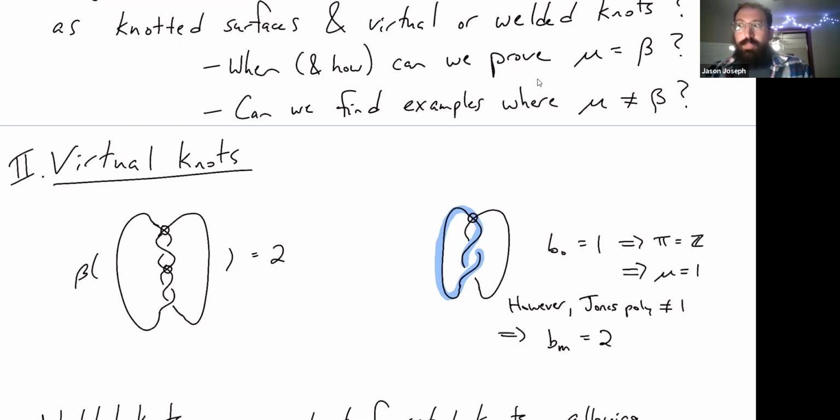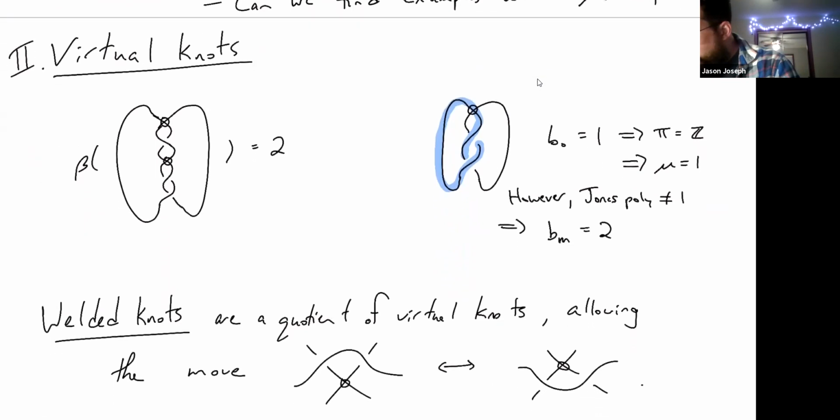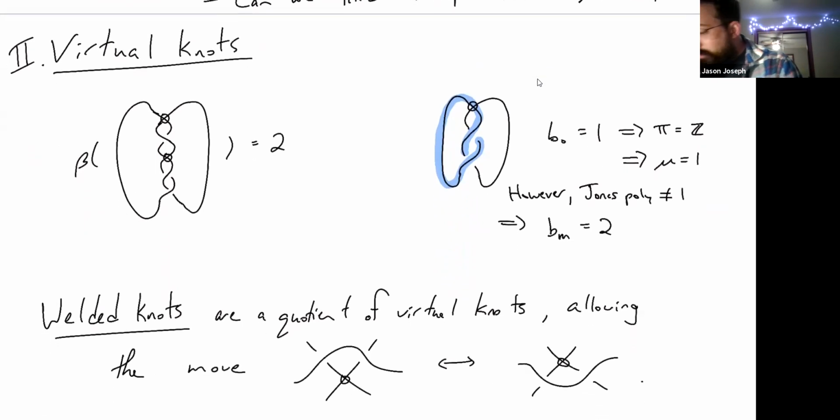However, whenever we compute the bridge number and the meridional rank to be equal for a welded knot, which I will define in a second, we're also showing that it's equal for at least one virtual knot, probably a lot. It'll make sense to say this part first. Welded knots are a quotient of virtual knots where you allow one additional Reidemeister type move.